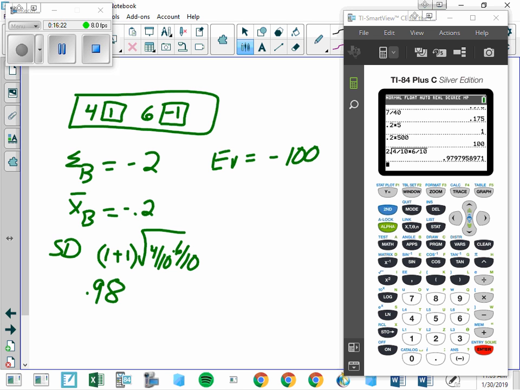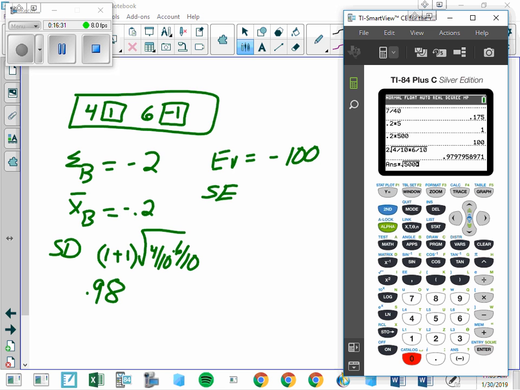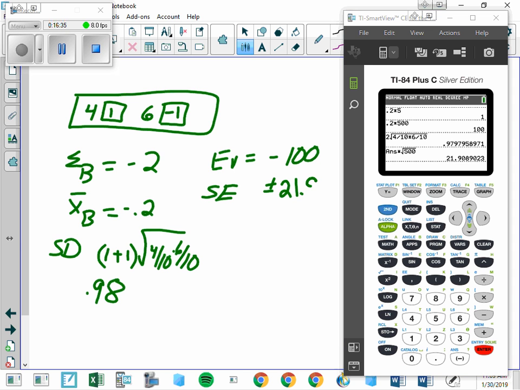I need to find my SE. So I'm going to take that and multiply it by the square root of 500, and I get my SE is plus or minus 21.9.